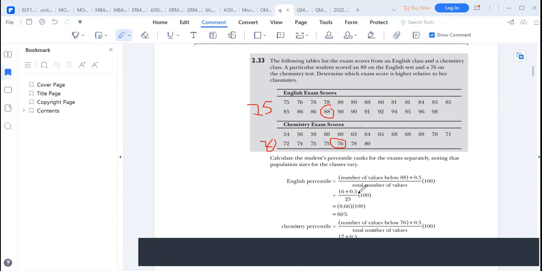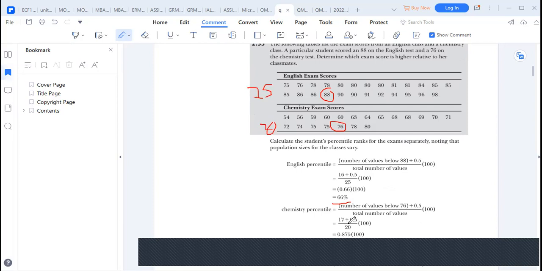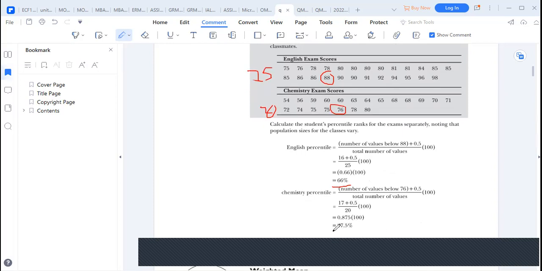So 16 plus 0.5 over 25 times 100, we get 66%. And for this one, 1, 2, 3, up to 17. So we have 17 plus 0.5 over 20 times 100. We get 87.5.